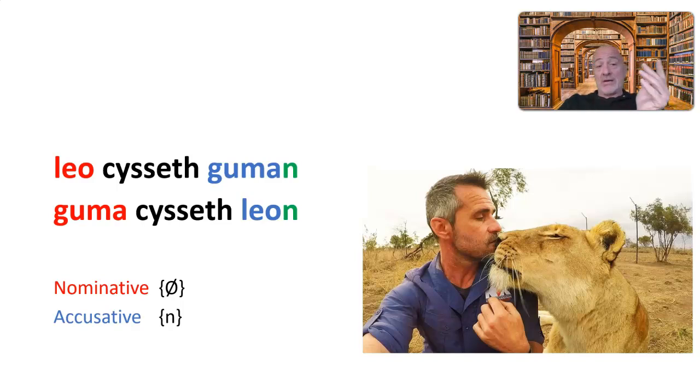And if you switch that around, it's the man who kisses the lion: Guma kisseth Leon. You can't simply switch it around, because you have the n. If the n is added to the lion, he's on the receiving end, and if you add it to the man, he's on the receiving end. The nominative has a zero morpheme, and the accusative, if you like, has an n. Okay.